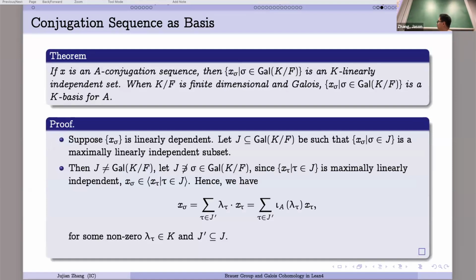And the proof is that, let's say X is not linearly independent, and let J be a maximally linearly independent subset.